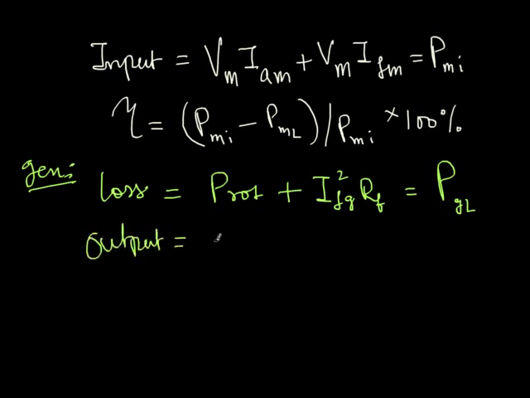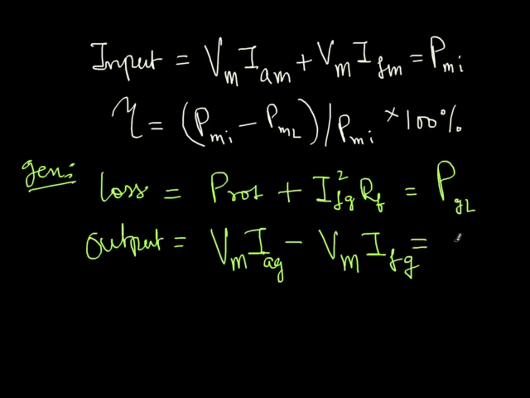So what is the output of the generator? Nothing but Vm multiplied by IAG, the armature current of the generator. This is the total output coming out of the armature, but then minus some power that will be consumed by the field.